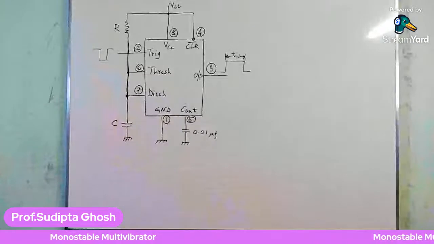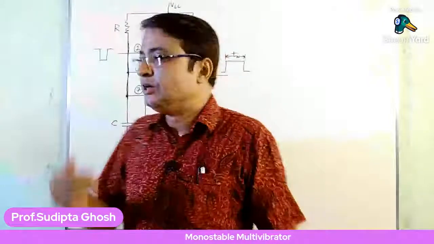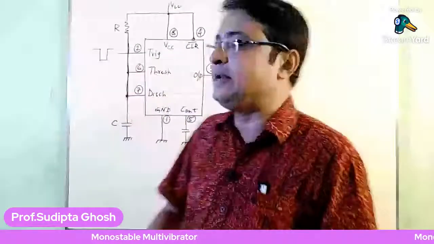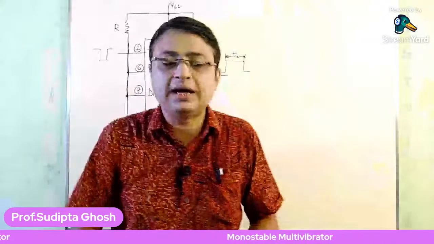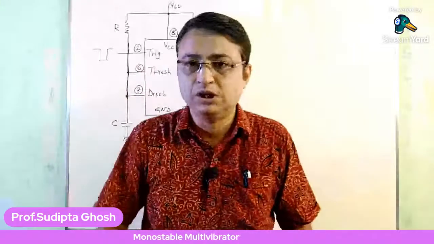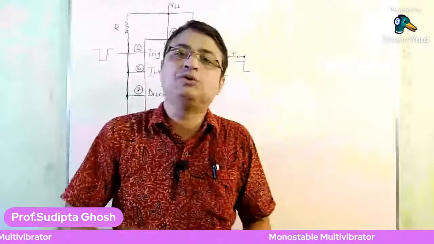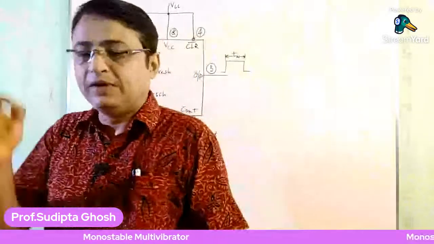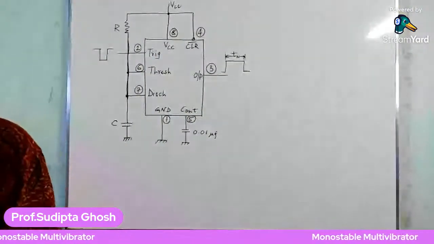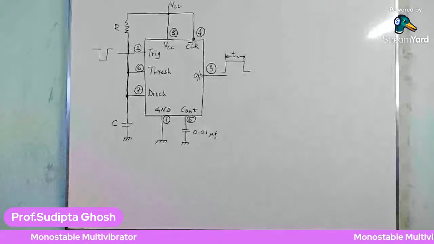A negative going pulse which makes the trigger input voltage value, that is at pin number 2, smaller than the 1/3 VCC value. So right now we are going to apply that negative going pulse, which makes the trigger input terminal value less than 1/3 VCC.